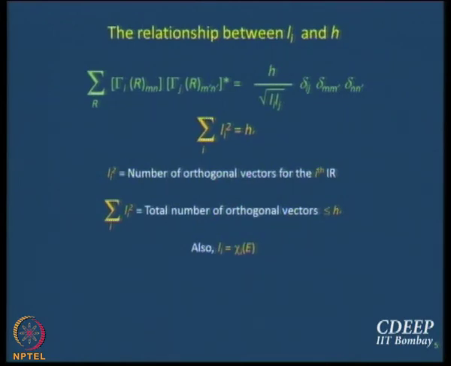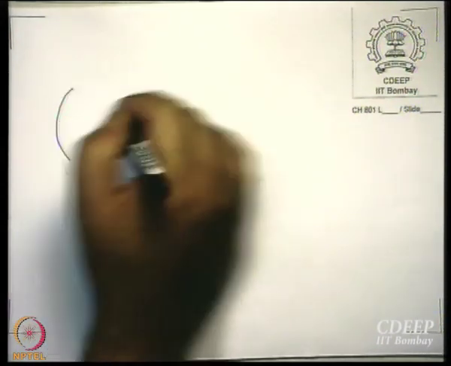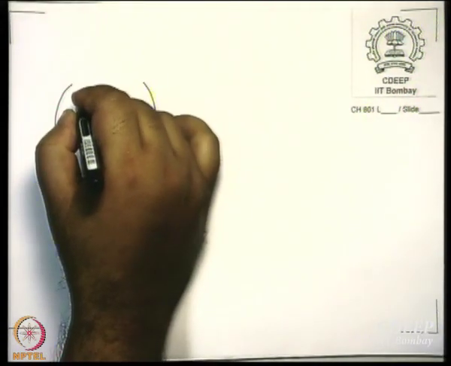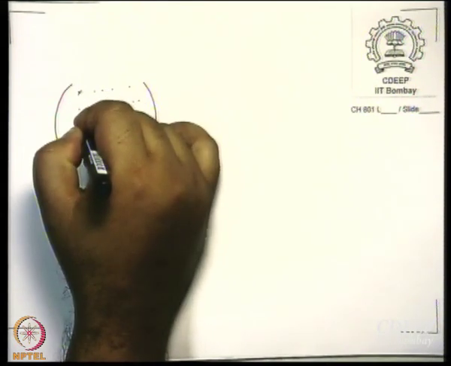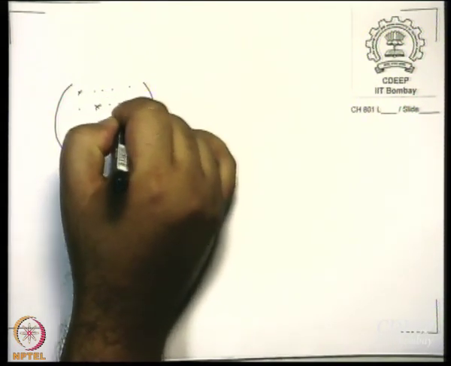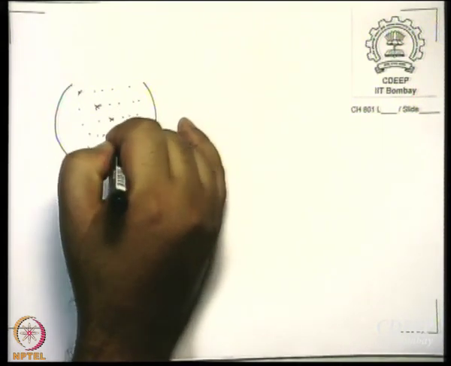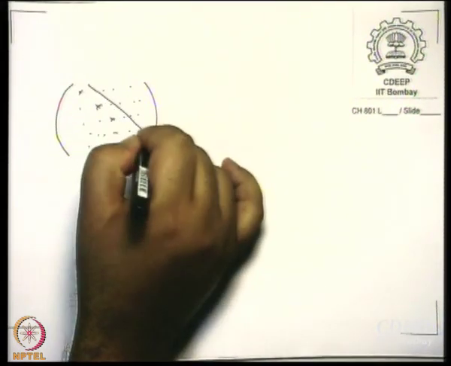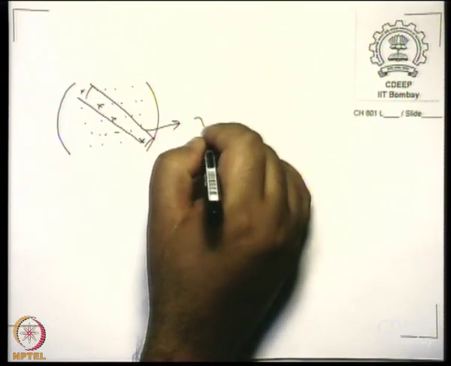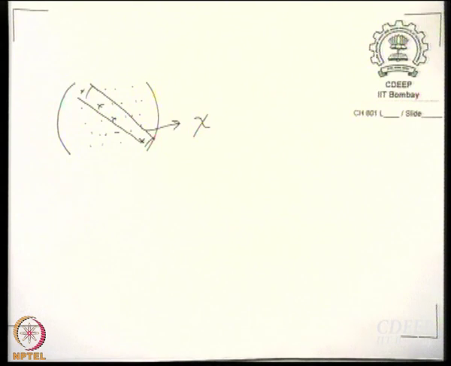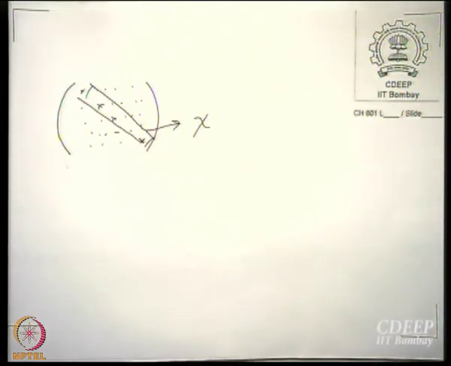Trace, character, right? If I add up all this, then the quantity that I get is chi. There is a character or trace, whatever you want to call it.